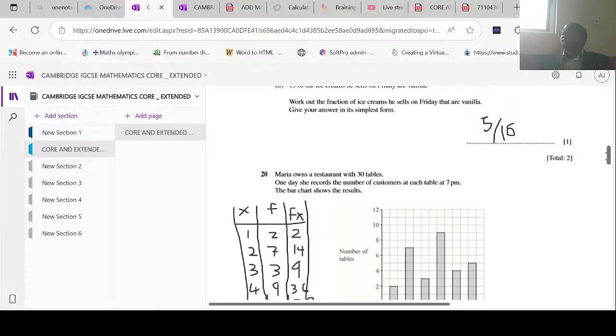But the tables are the frequency. It doesn't make sense intuitively, because you think we have tables here, customers are coming, so how many customers should be the frequency? But in this context, the customers are the score, while the tables are the frequency.